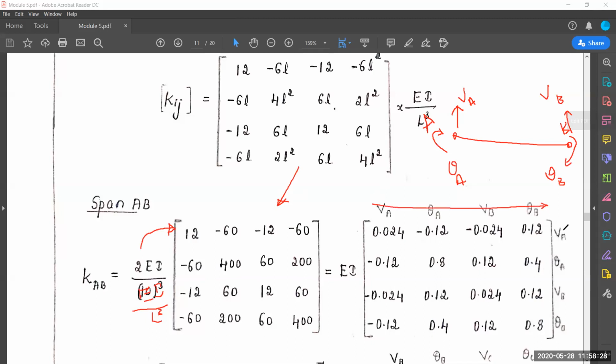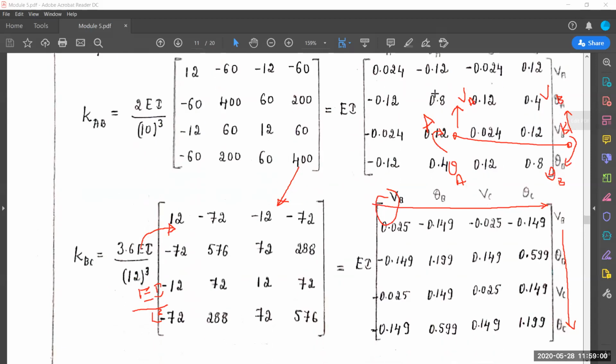Always write shear force first and then rotation. So I write VA first, followed by the rotation theta A, then VB followed by the rotation theta B. Whatever order you have written in the horizontal direction, the same order you have to maintain in the vertical direction also. So the order is kept.